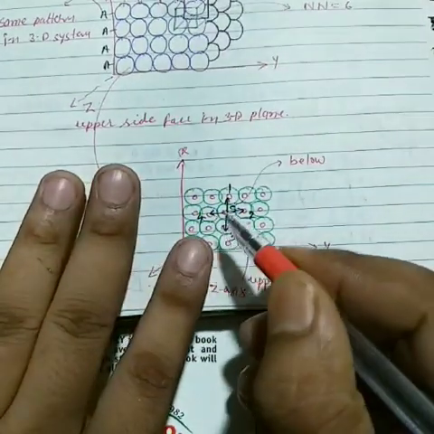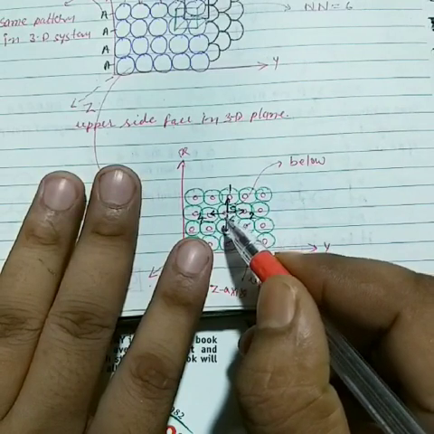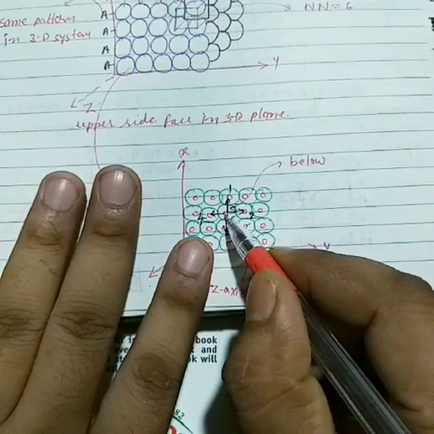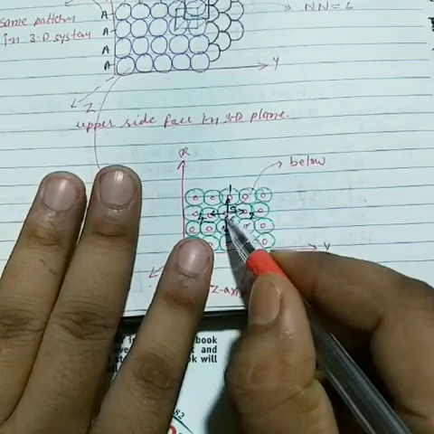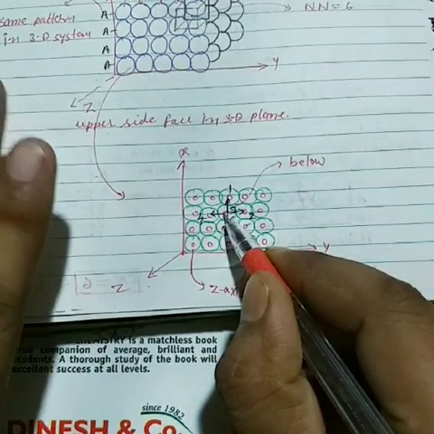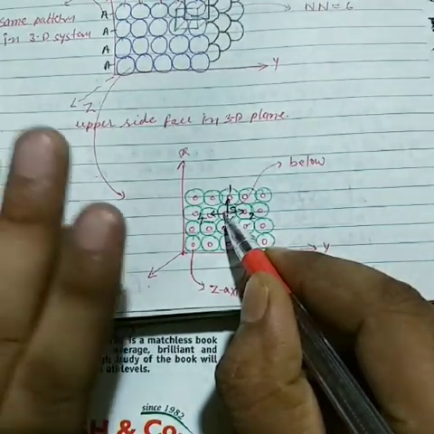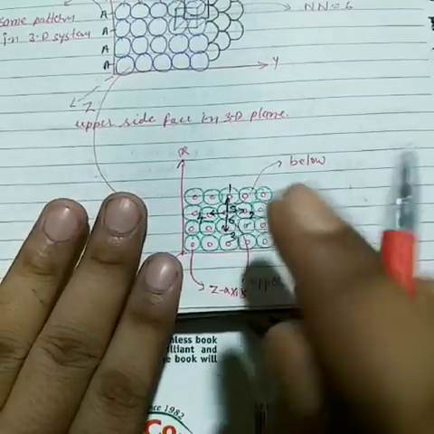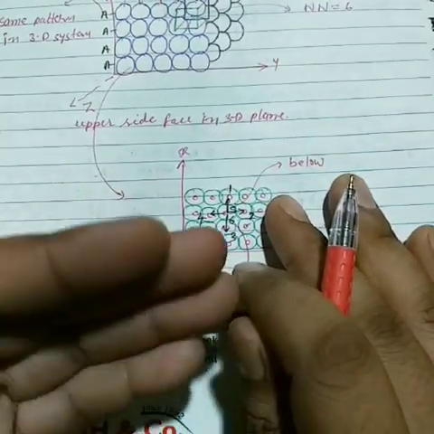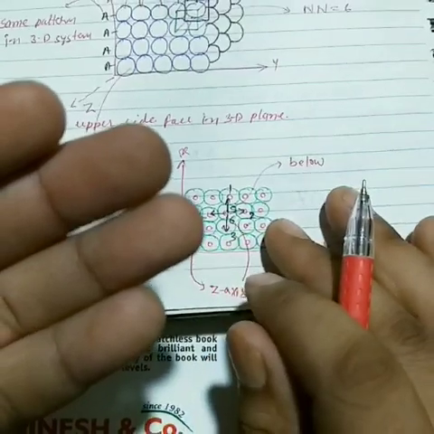So first of all, touching atoms. Now how many atoms are touching? See, students: one, two, three, four, and fifth is above, and sixth is just below. If I talk in front, another is back.